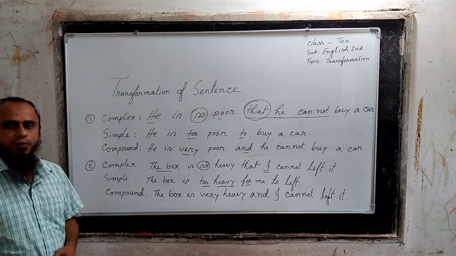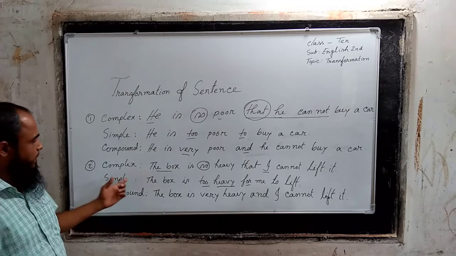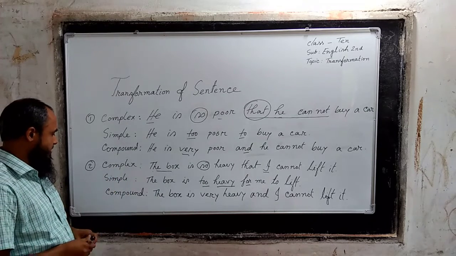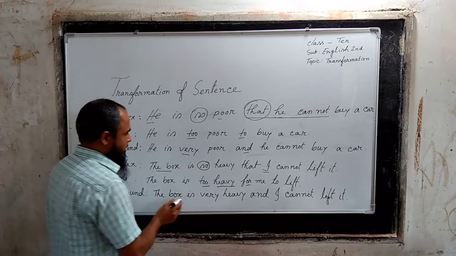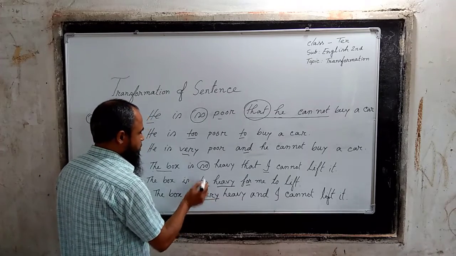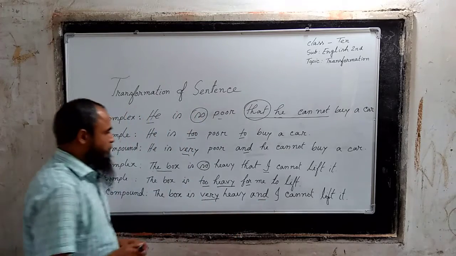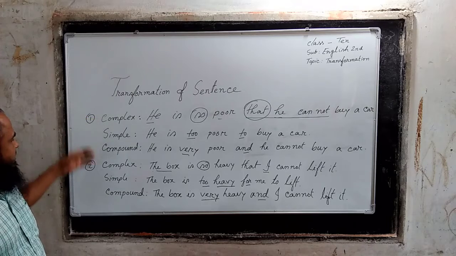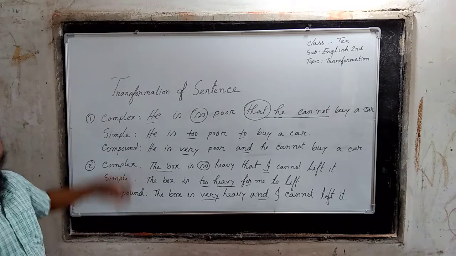Then I think if you find any sentences in these categories, you will be able to make a simple sentence from a complex one, and also a compound sentence. In a compound sentence, you have to use very instead of so, and after that and. So there is no difference between these two structures in a compound sentence; the difference is only in simple sentences.